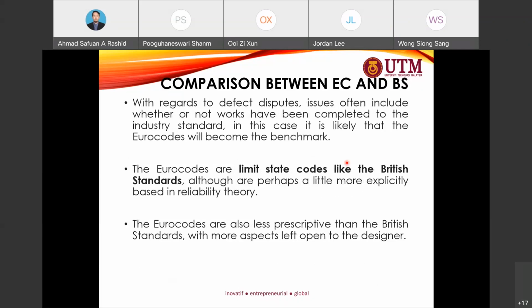The Eurocodes are also less prescriptive than the British standard, with more aspects left open to the designer. So it relies on the designer's experience and judgment, which could be included in the design stage by using the Eurocodes.